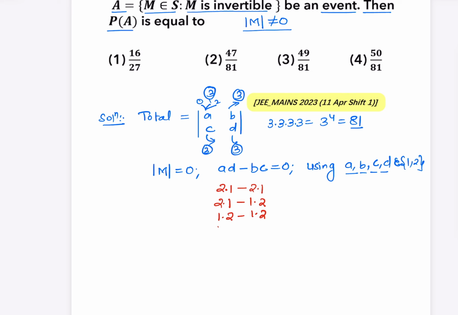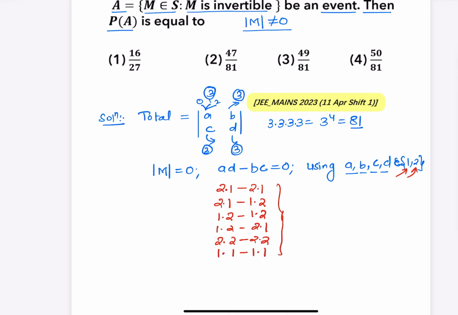And 1 into 2 minus 2 into 1, that is also 0. And if we take all values equal, like A equal to B equal to C equal to D, using 1 and 2 only, we can write 2 into 2 minus 2 into 2, that is 4 minus 4, or 1 into 1 minus 1 into 1.